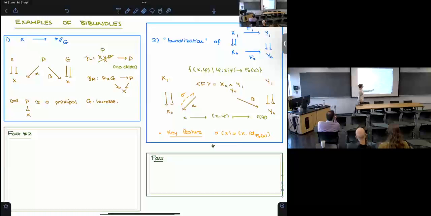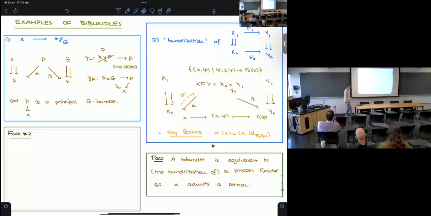And so you can see that it has a nice map in both directions. But the key feature that it has here is that actually this alpha has a section. We just take X to X and then the identity map. And that exactly characterizes the bibundles which come from smooth functors. So this is a fact that a bibundle is equivalent to the bundleization of a smooth functor exactly when alpha admits a section. And in general, all we can say about alpha is that it's principal. So locally it admits a section and locally it's a smooth functor.